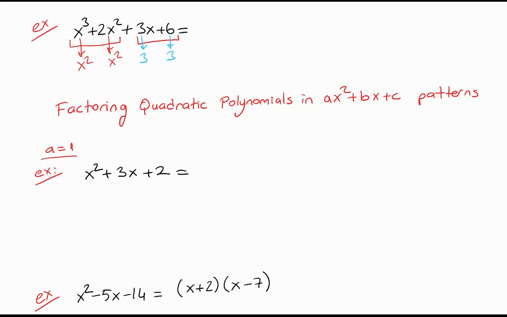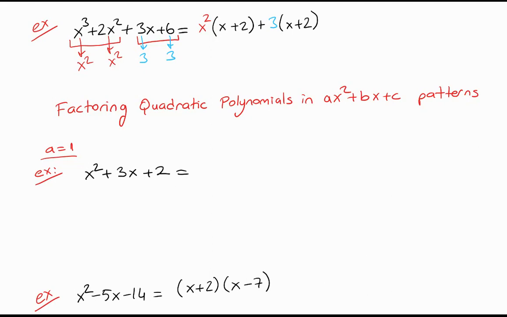So how can I write it down? First part of my group, I have x squared outside of the parentheses, and inside I have left x plus 2. And plus the second part of the polynomial, the second group, I have 3 also outside of the parentheses, and x plus 2.